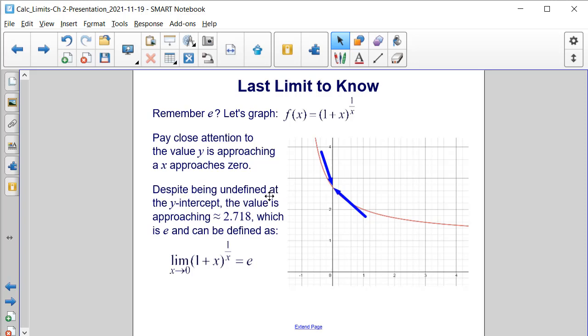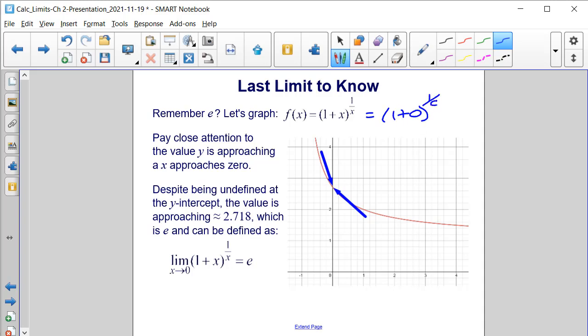Despite having that undefined y-intercept, because if we substitute 0 in for x here, we would get 1 plus 0 raised to the 1 over 0 power. So we would get 1 raised to the 1 divided by 0 power, which we can't actually do. So that's why we're looking at the graph to see this limit, since it's undefined at 0, or the y-intercept.